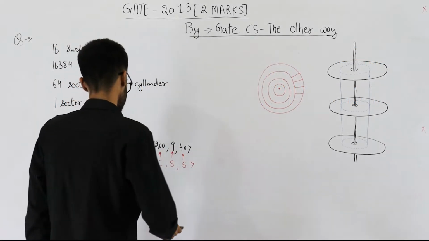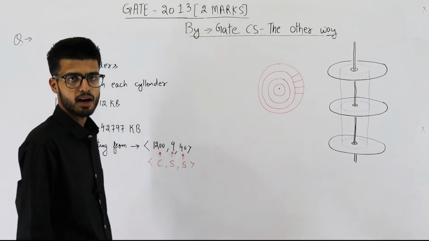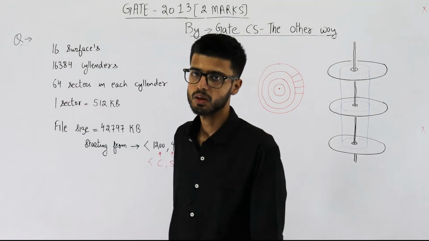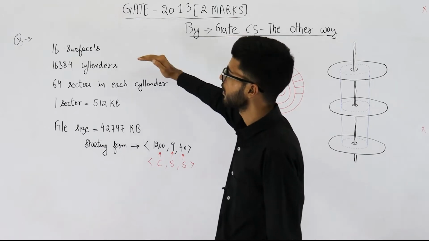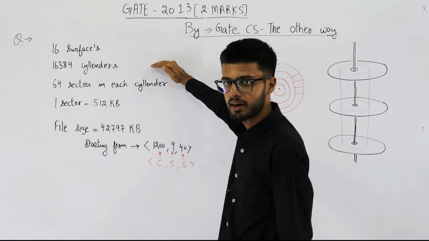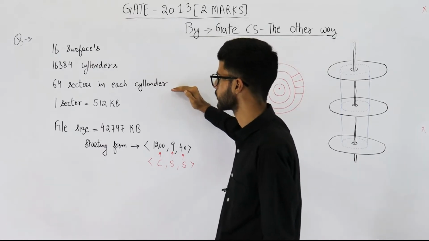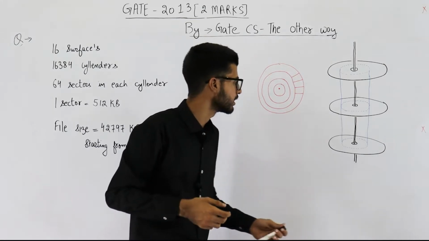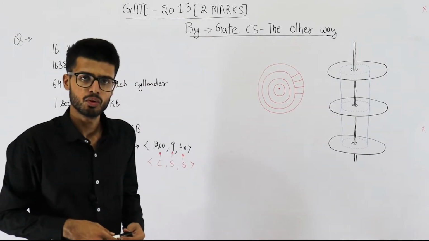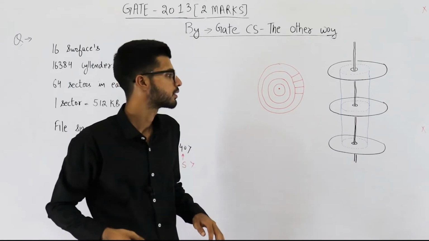Okay, so just have a look here. They are saying in a hard disk there are a total of 16 surfaces and there are 16,384 cylinders. There are 64 sectors in each cylinder. Let's see what is the meaning of all this stuff. You know, in hard disk we have different platters placed one above another.